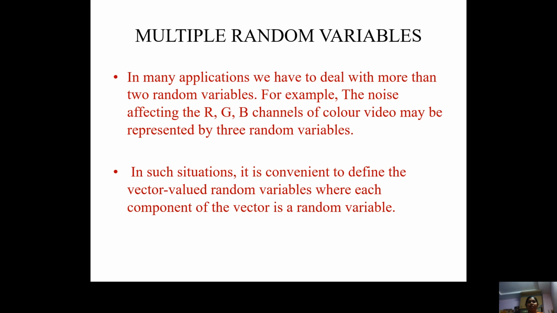In such situations, it is convenient to define vector valued random variables, where each component of the vector is a random variable. When we extend the operations to n random variables, we mostly represent them as vector valued random variables, where each component is a random variable.